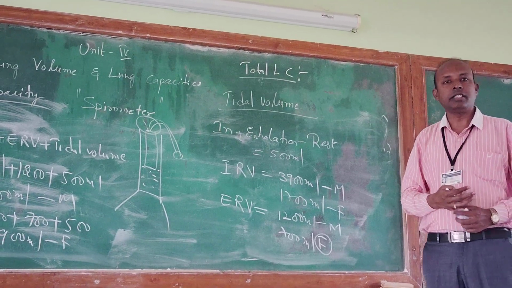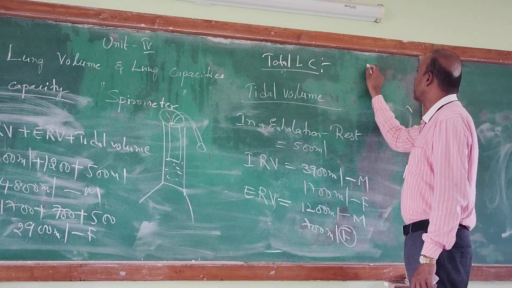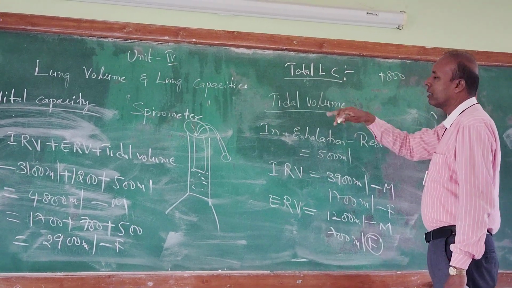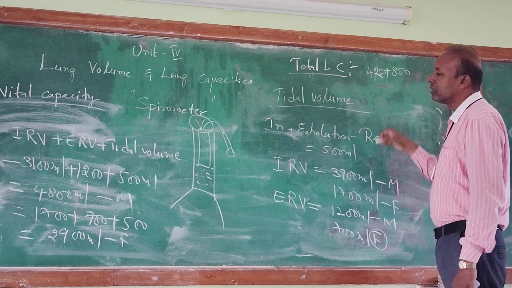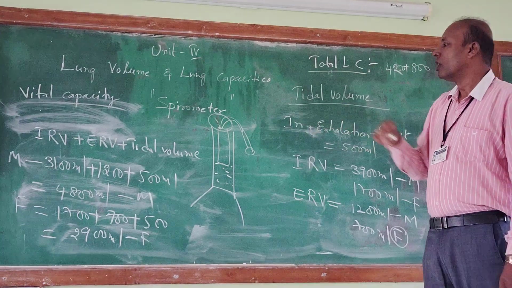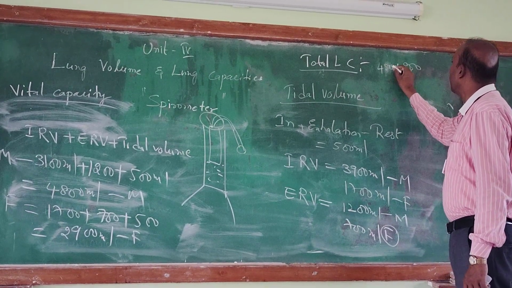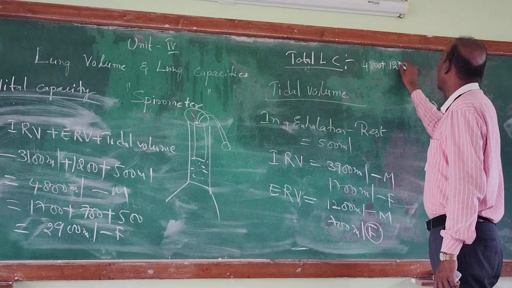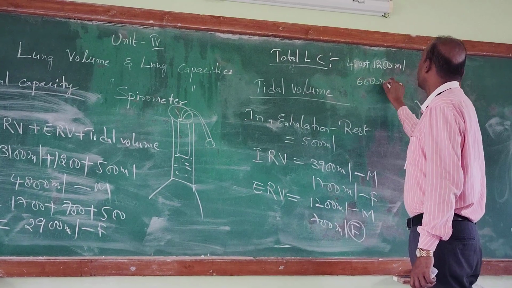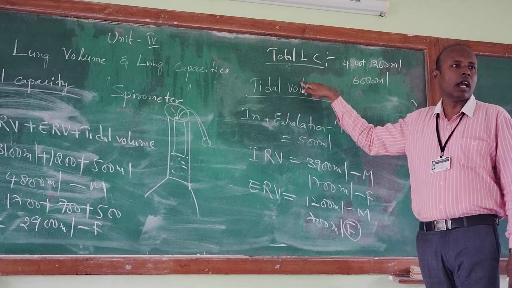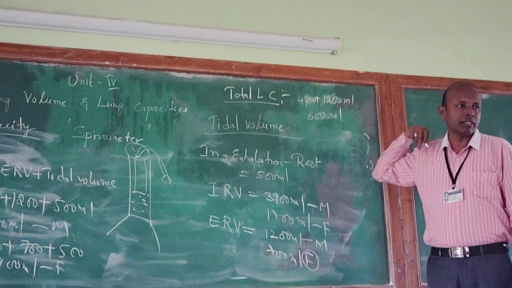That is called residual lung volume. In males, 4,800 ml is the vital capacity and the residual volume is 1200 ml. So the total is 6000 ml. Total lung capacity is residual volume plus vital capacity.